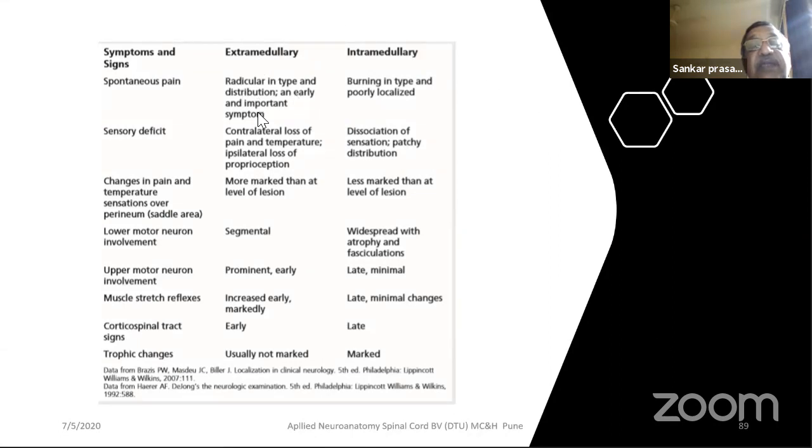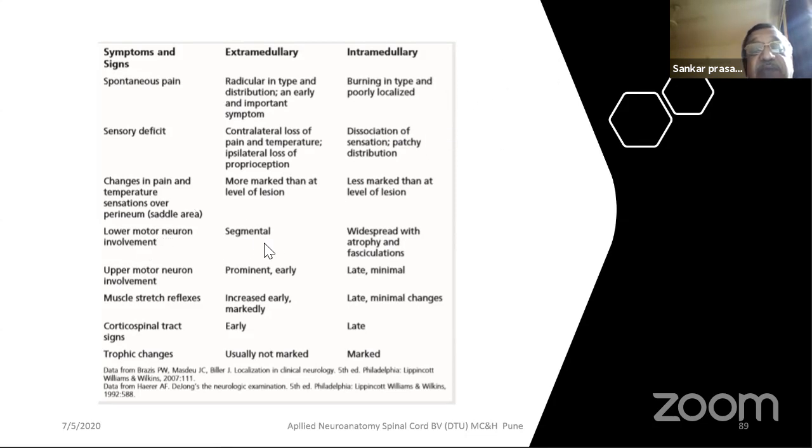In extramedullary lesions, the radicular pain is in a dermatomal distribution, and in intramedullary it is funicular pain, that is poorly localized pain. The sensory deficit is contralateral loss of pain and temperature in extramedullary. In intramedullary it is dissociation of sensation, with patchy distribution; pain and temperature loss is more marked here and less marked in extramedullary.